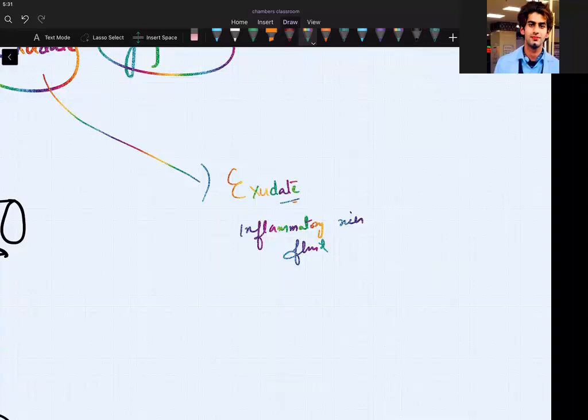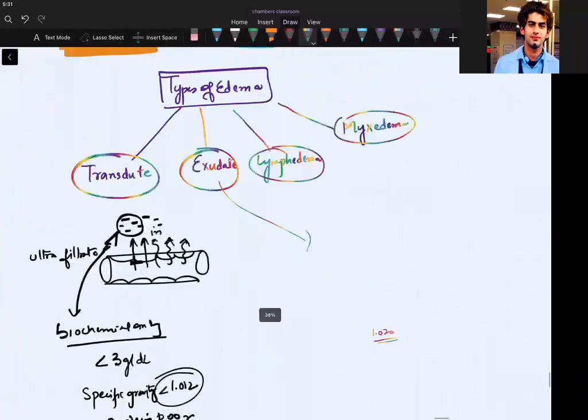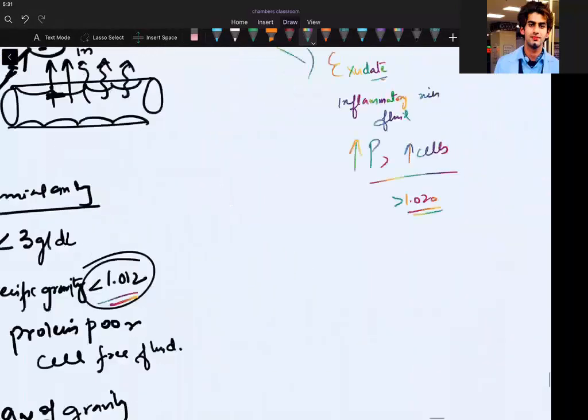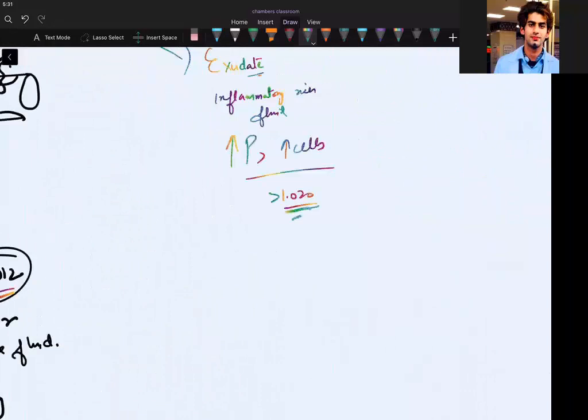That means permeability has increased. So you should remember the specific gravity will increase. It's highly protein rich. You have high protein and high cells, therefore the specific gravity will become greater than 1.020. Important values to remember: 1.012, 1.020. And there is an effect with the permeability issue.